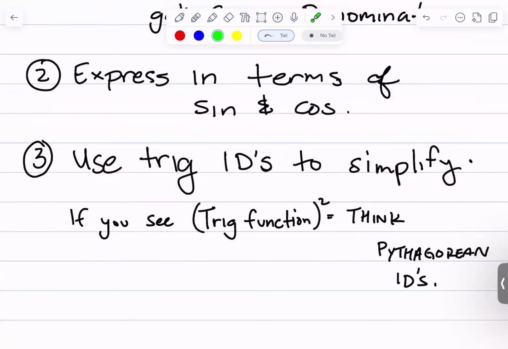A helpful tip: if you see a trig function squared, think Pythagorean identities. Okay, 90% of the time you can use the Pythagorean identities to simplify that. All right?